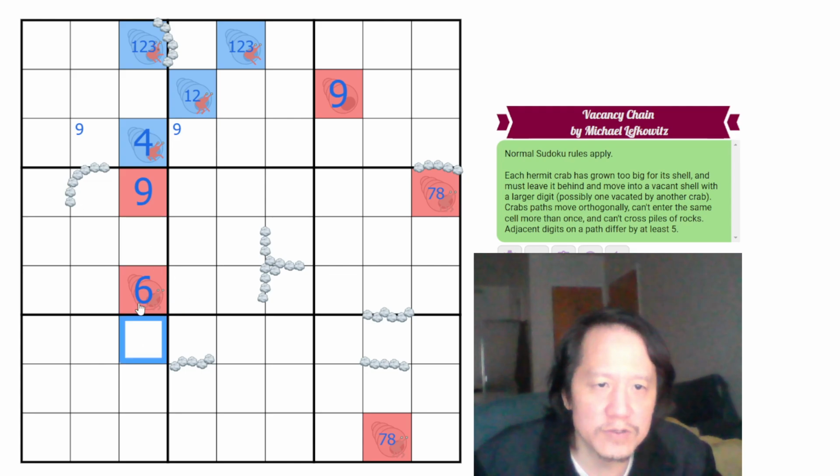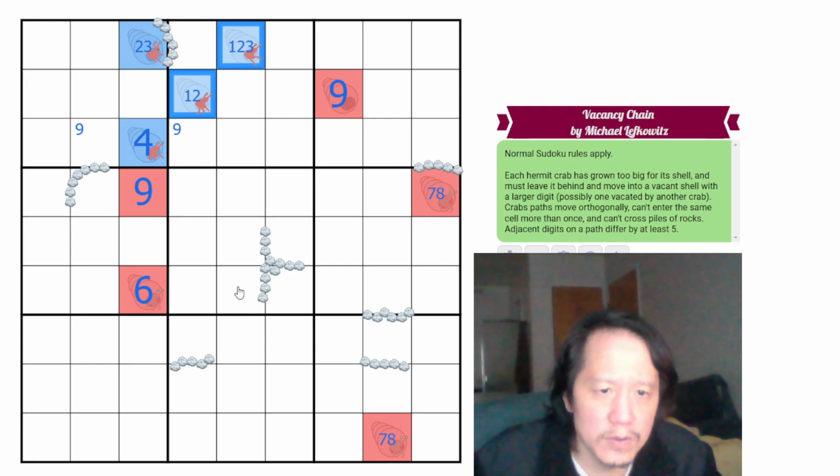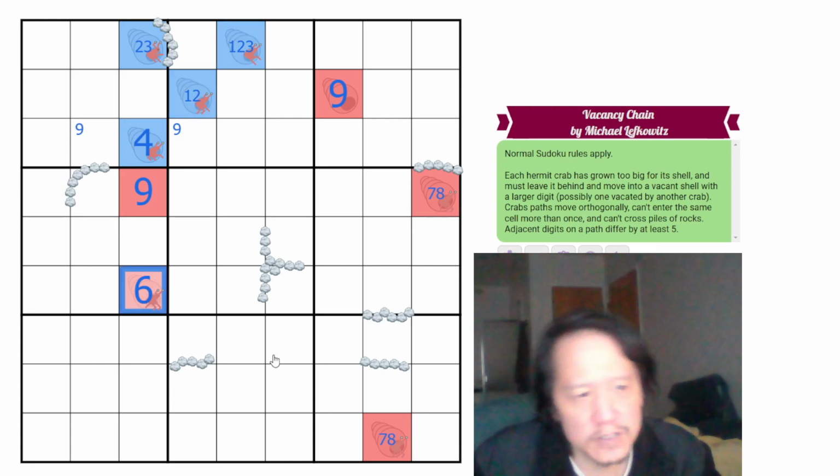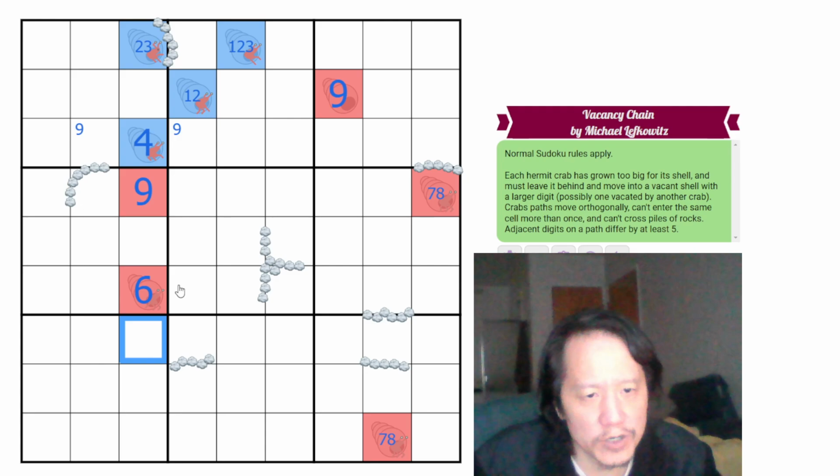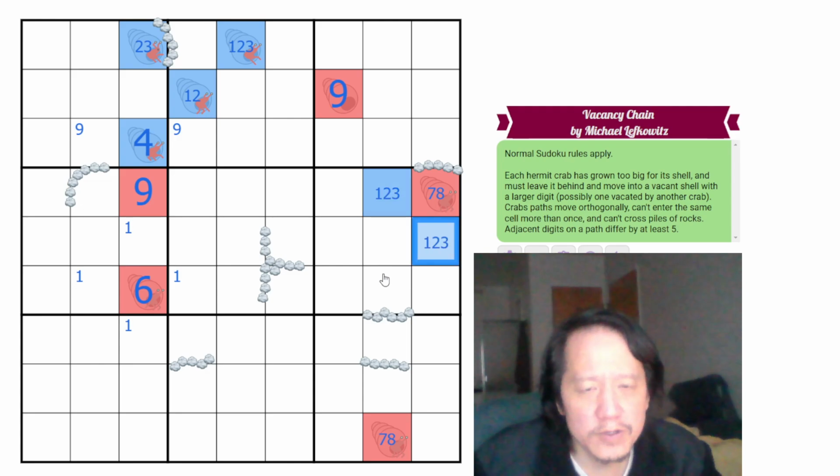Which means 1 has to be one of these two, which means this cannot be 1. So 1 is one of these two. So this has to be 6 then. And one of these is 1, and one of these is 1. So therefore, one of these is 1. One of these is 1. These are both blue, because it has to enter in. 1, 2, or 3.